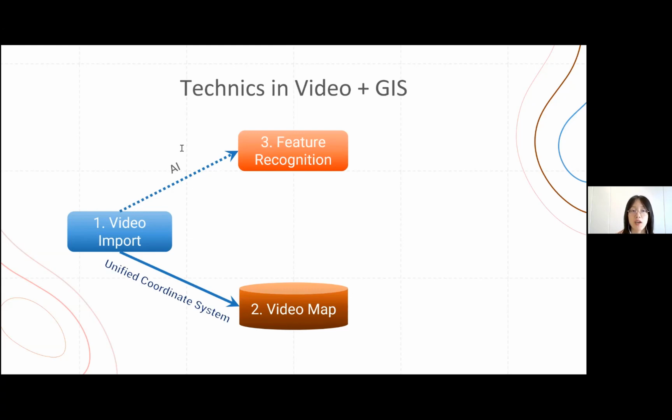Or if we have AI tools, then we can let AI help us conduct tasks like feature recognition in the video file. Either way, after we recognize those features from the video file, we can still assign coordinate systems to them, then create spatial features from that result and show them in our video map.